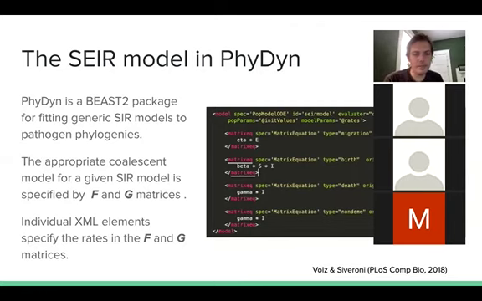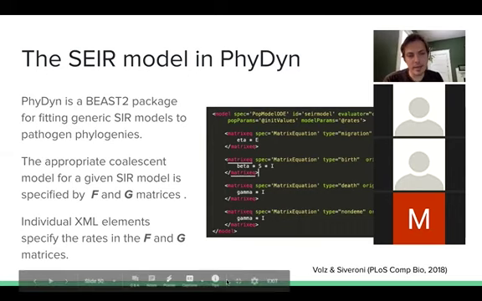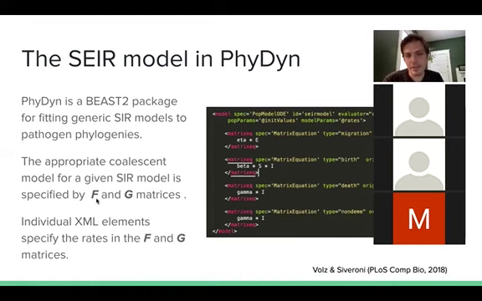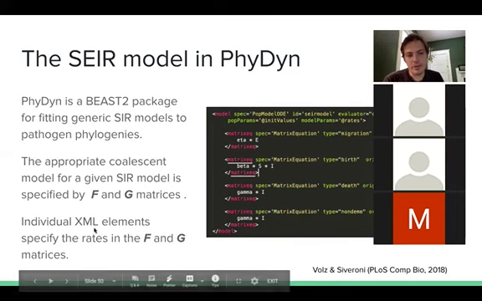And what this package essentially does is it allows you to fit any SIR type model to a given pathogen phylogeny by specifying the coalescent model for a given SIR model through these F and G matrices. And then the individual elements in these F and G matrices are given through individual XML elements in the input file to BEAST.